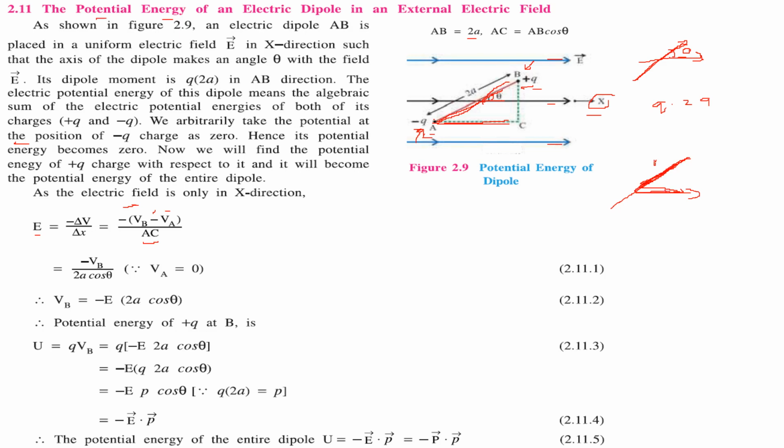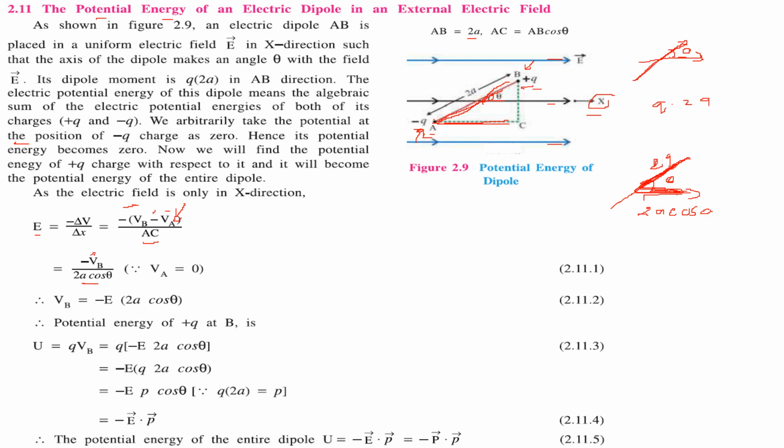This AB is 2A, this is theta, so this will be 2A cos theta. This distance we have to take between minus Q and plus Q because we need to take this in the direction of E. So we will take AC as 2A cos theta, and we have arbitrarily assumed that VA is 0. So this becomes only VB by 2A cos theta.